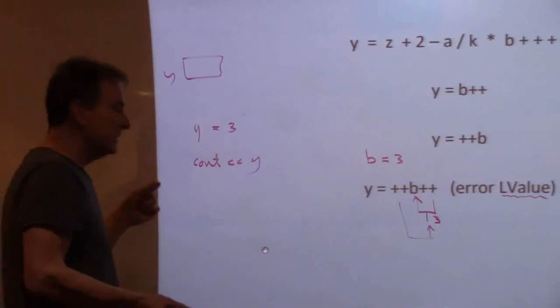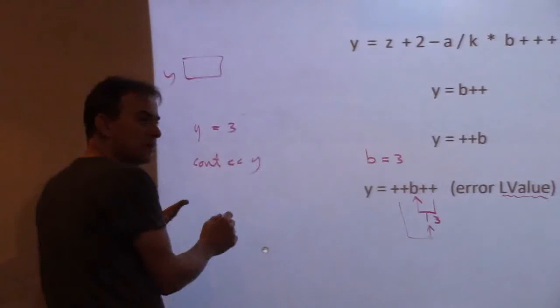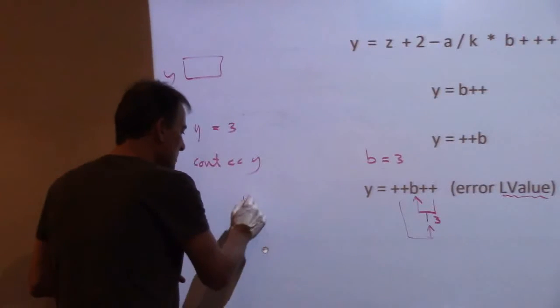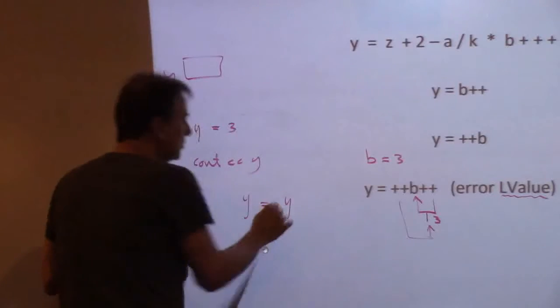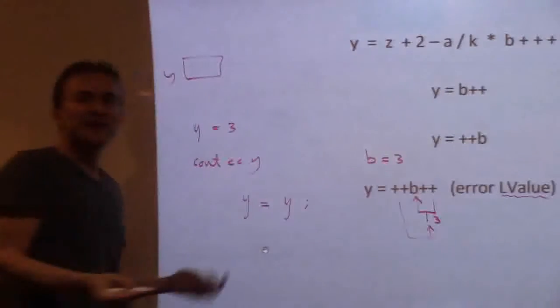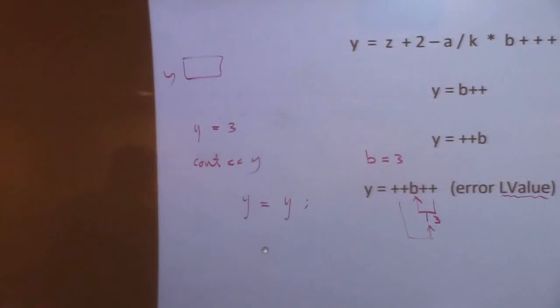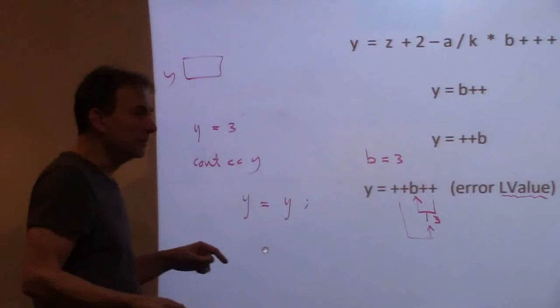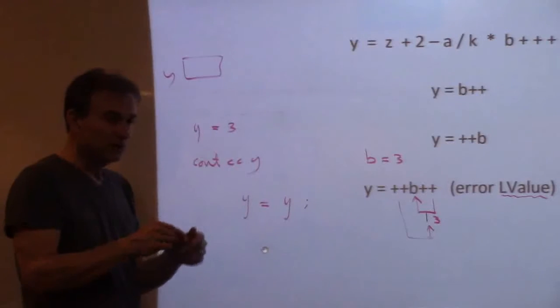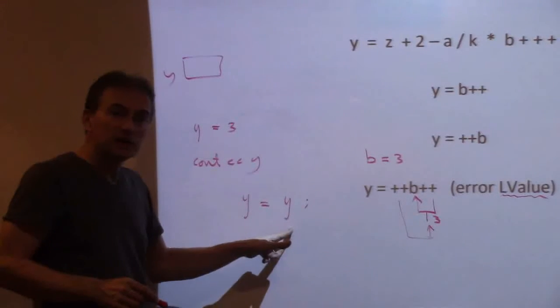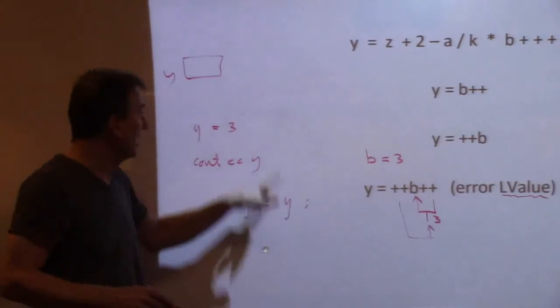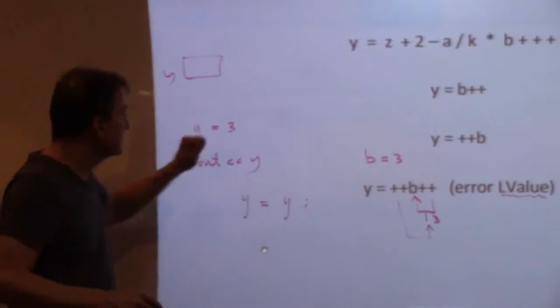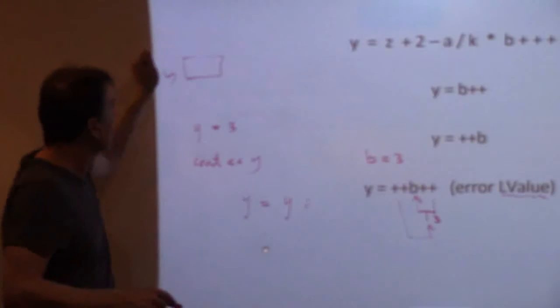This can be explained very quickly in a very confusing and simple statement that says y is equal to y. You might say, I would never write code like that. I know. But it's legal, it compiles, and it works. What does it do? Listen carefully. This takes the value at y and assigns it to the address of y.